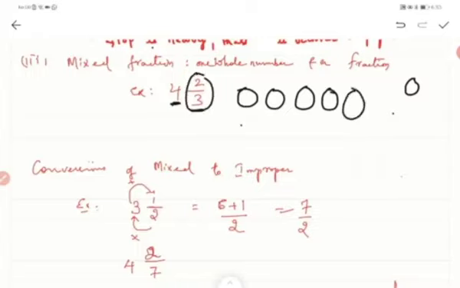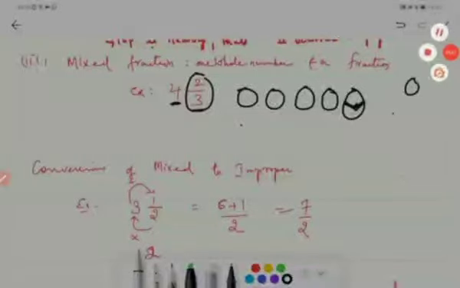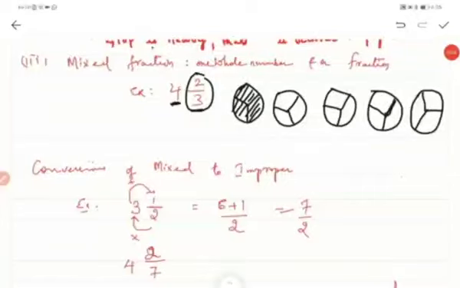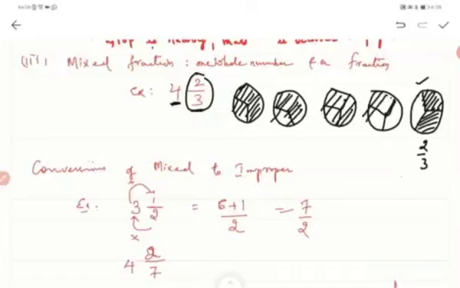So the one circle which is in fraction is divided into 3 parts, something like this. If I take the last one, it is divided into three parts, isn't it? But the shaded region will be only 2. This is 2 by 3, and the rest 4 are whole.